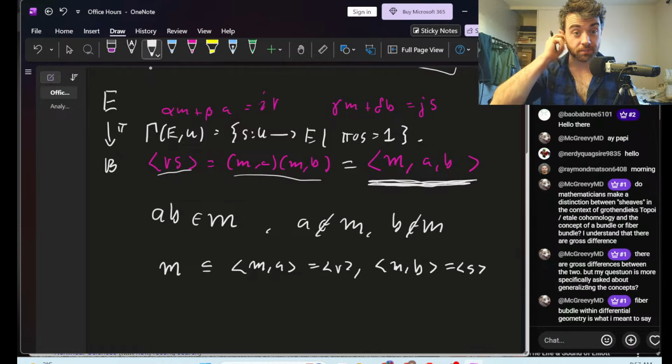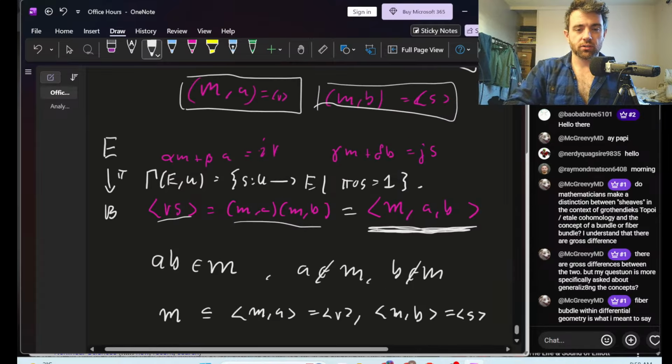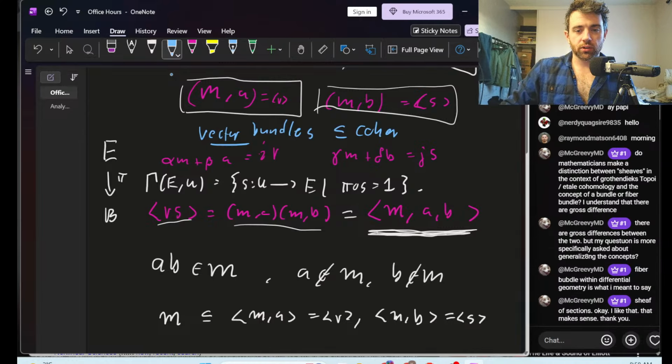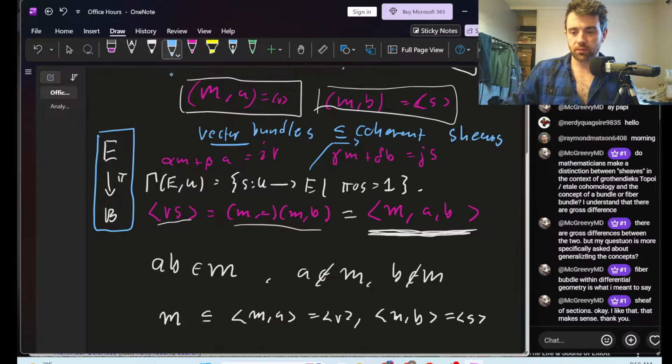So there's a connection. Vector bundles, in particular, I believe sit inside the category of coherent sheaves. Well, what do I mean by sit inside? Not actually, because a vector bundle is not a sheaf. But if you take the sheaf of sections, then it should be a coherent sheaf, I believe.